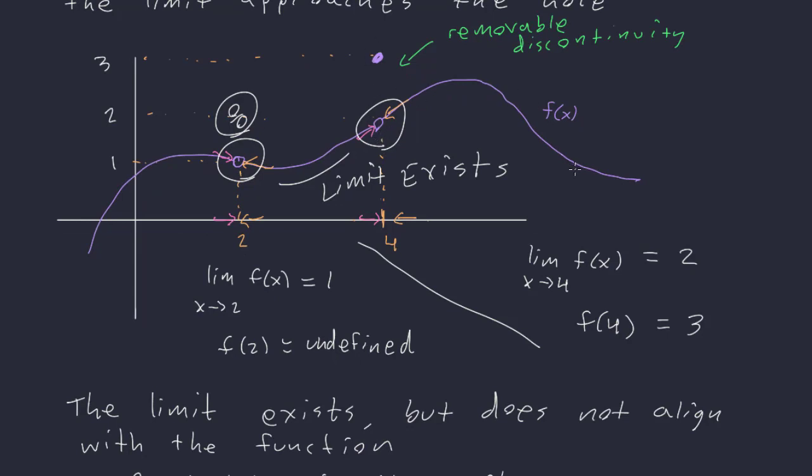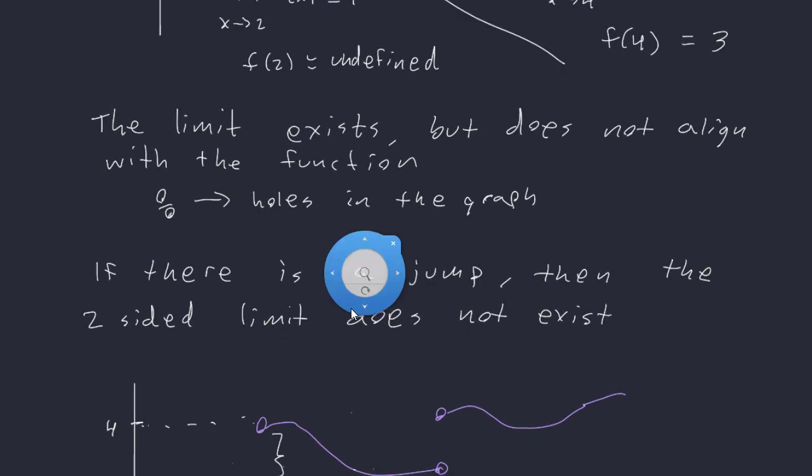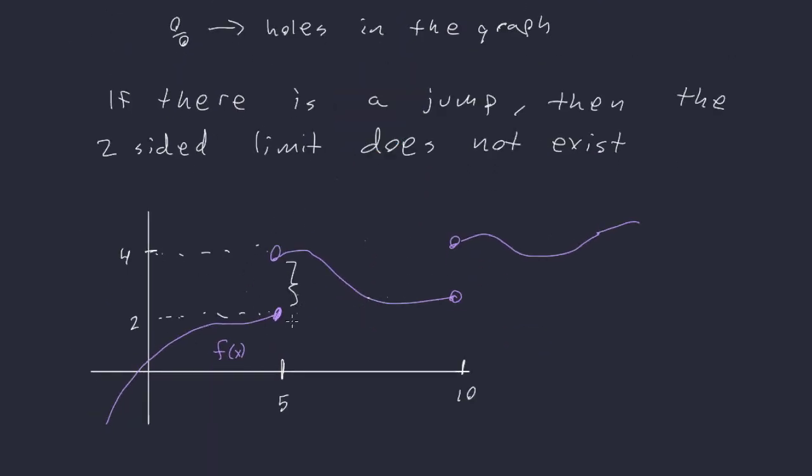So this is almost continuous, while this is a straight-on jump. These two sides do not align. So from the left, the limit is 2, and the limit from the right is 4. And the two-sided limit, of course, does not exist.